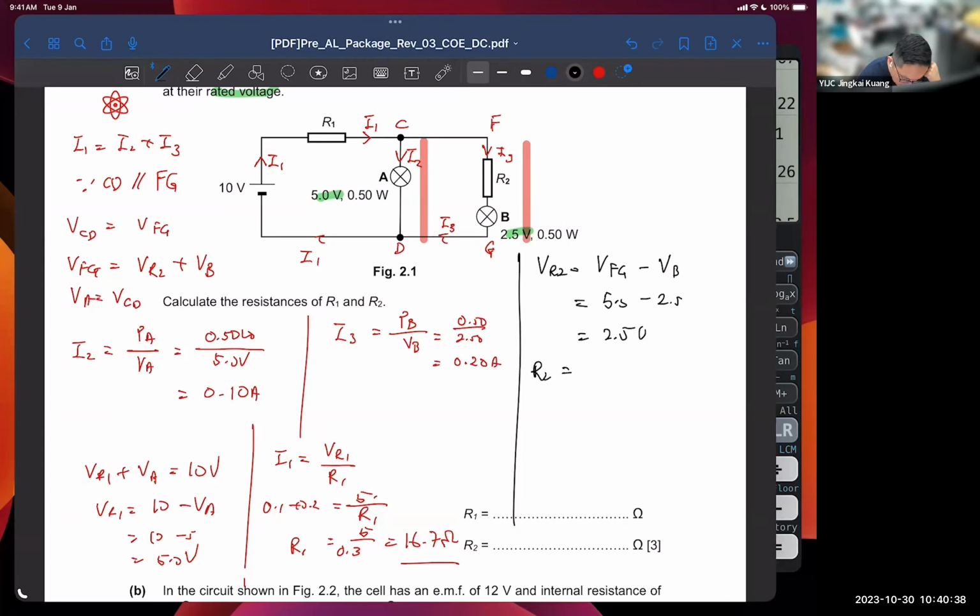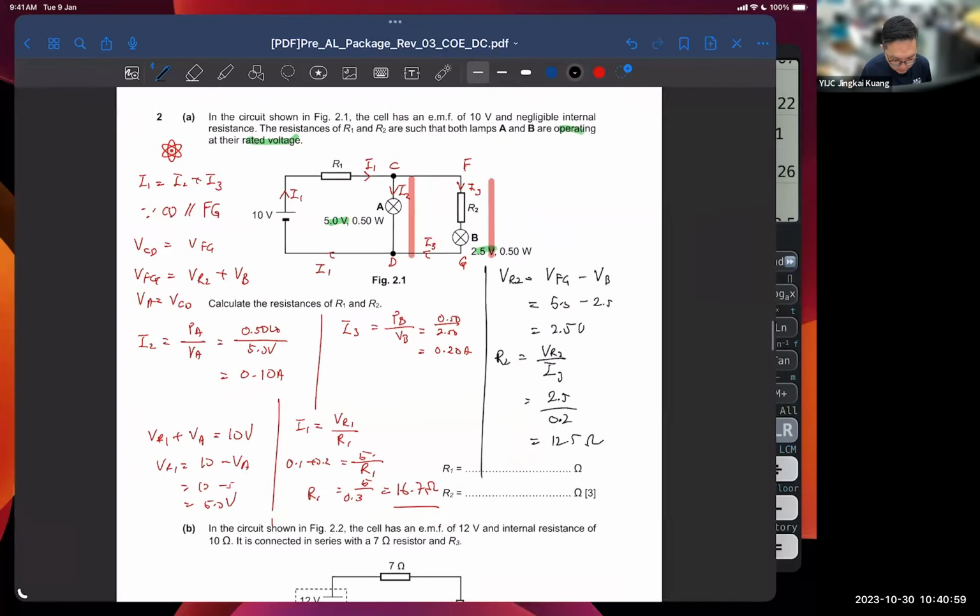So R2 is equals to VR2 over I3. So this is 2.5 over 0.2. So I get 12.5 ohms. Okay, a bit long, this question. You probably can try to simplify a bit.